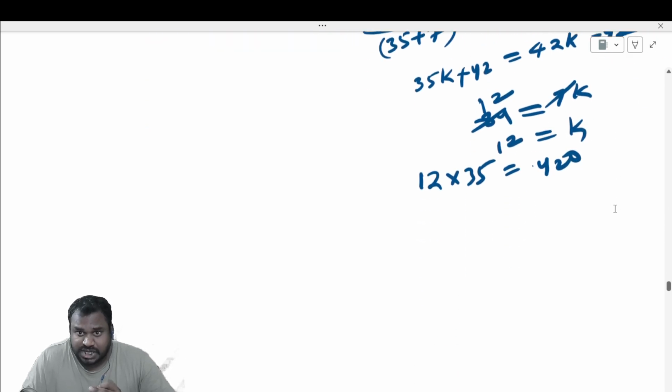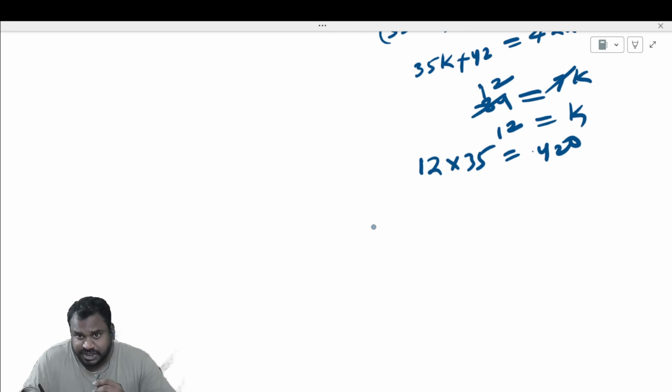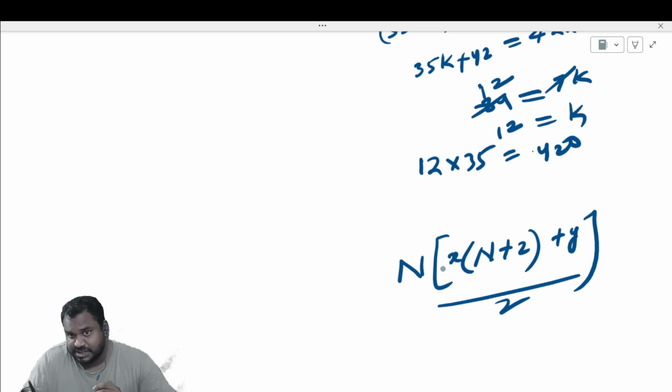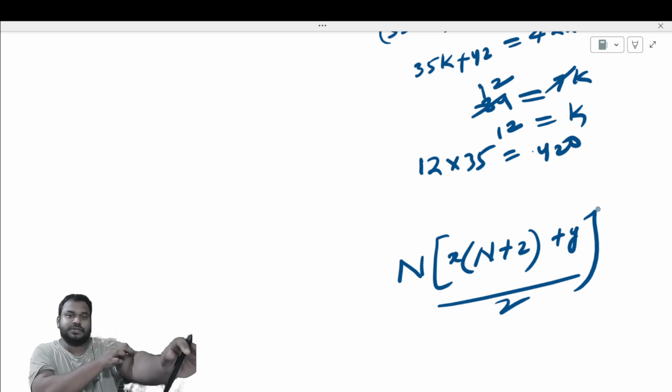But you can use a shortcut here, that is n into x into n plus z, plus y divided by z. So this is the shortcut you can use to get the answer directly.